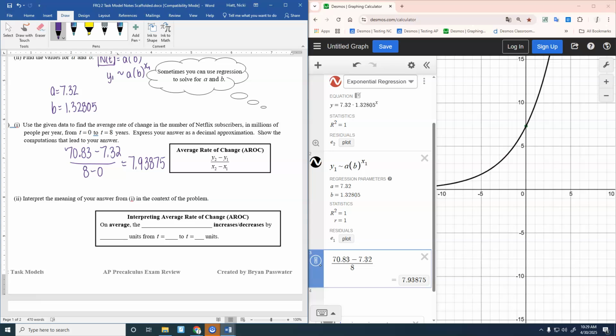So it is not a bad idea to recognize that this top part is million subscribers, and this bottom part is years. So your units right here are 7.93875 million subscribers per year.